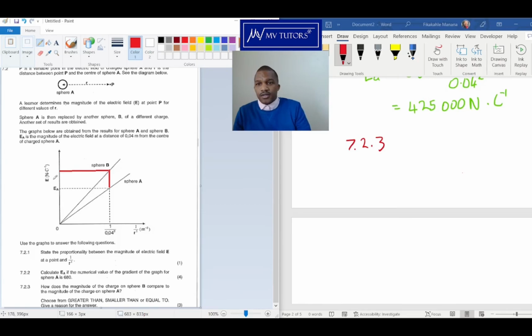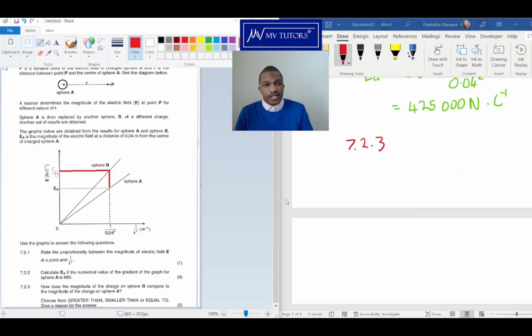That's EB. So what is the relationship between E and the charge? They are directly proportional. So the greater the E value, the greater the charge.